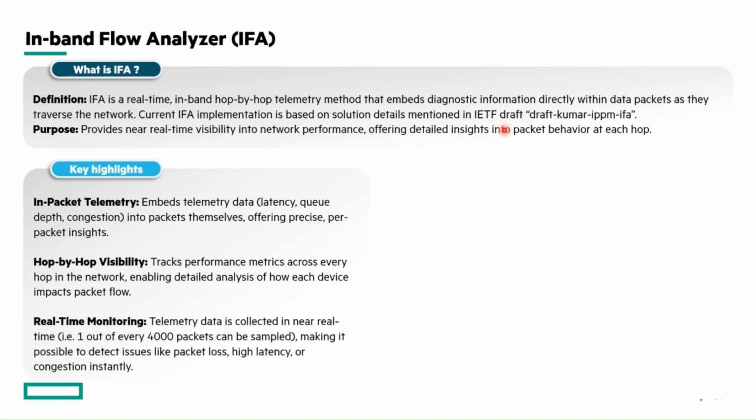Next is real-time monitoring. The telemetry collected is in real time, or near real time actually. That is, 1 out of every 4,000 packets can be sampled at max rate, making it possible to detect issues such as packet loss, high latency, or congestion instantly.